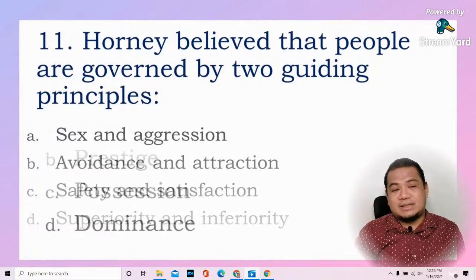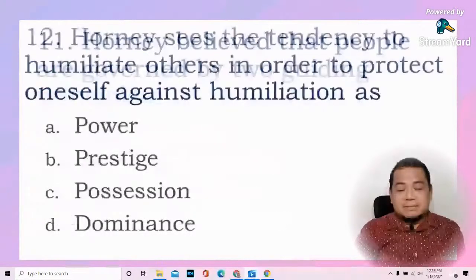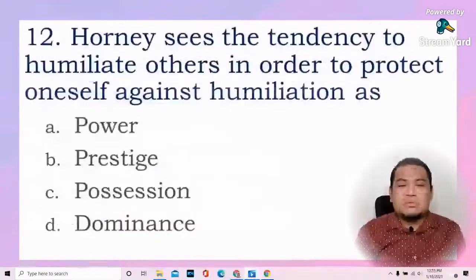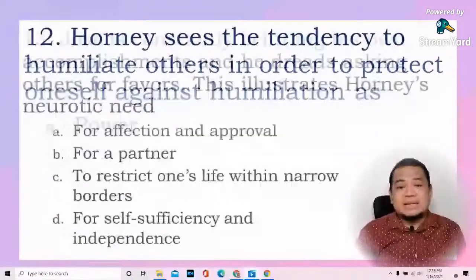Number 12. Horney sees the tendency to humiliate others in order to protect oneself against humiliation as A, power, B, prestige, C, possession, or D, dominance. Number 13.